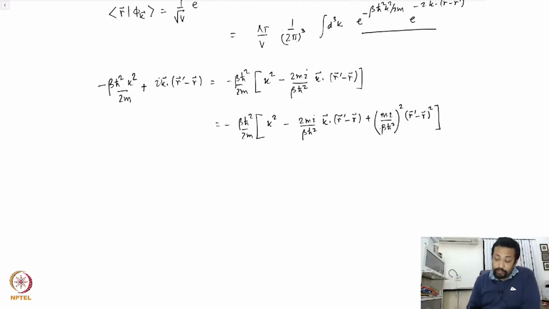And then, since you are adding this term, you have to subtract m i over beta h bar squared whole squared, r prime minus r whole squared, times beta h bar squared over twice m.